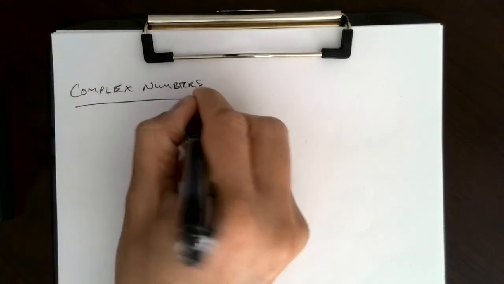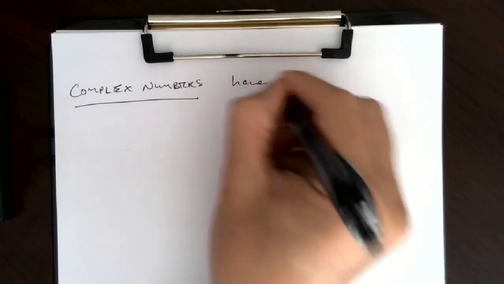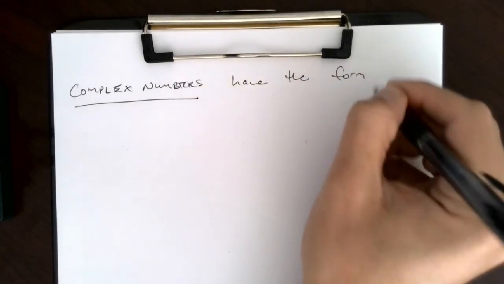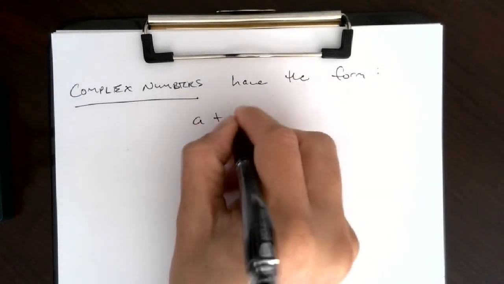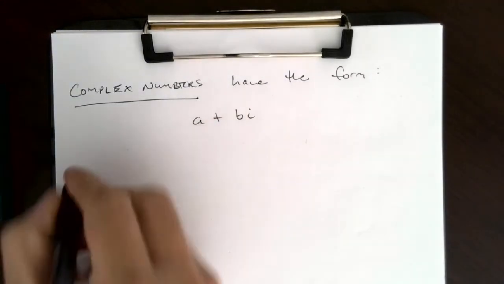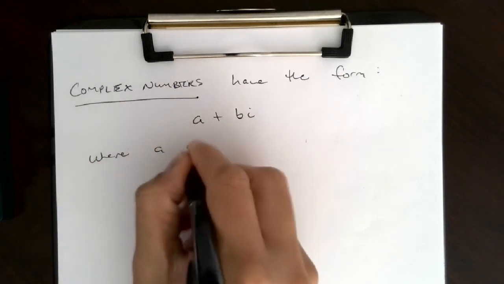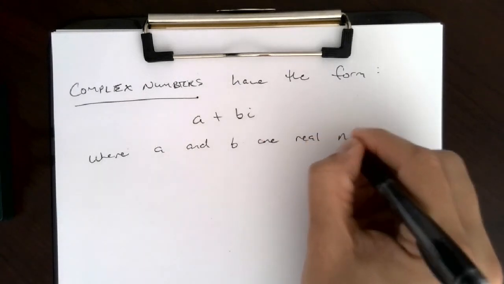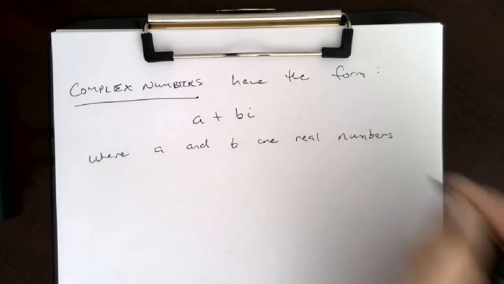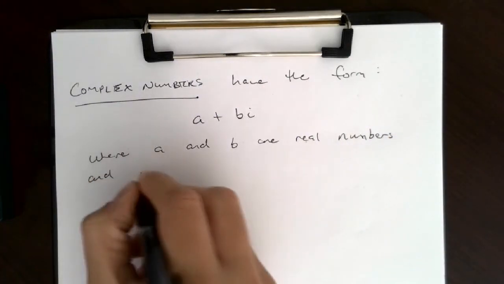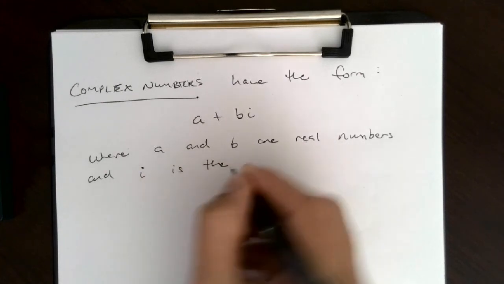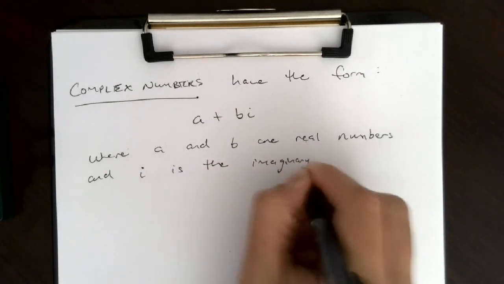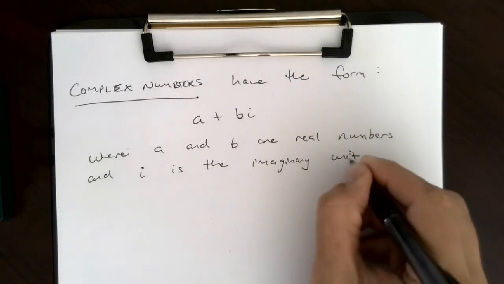So if I talk about complex numbers here, they have the form what we write as a plus bi, where a and b are real numbers, and i is the imaginary unit.